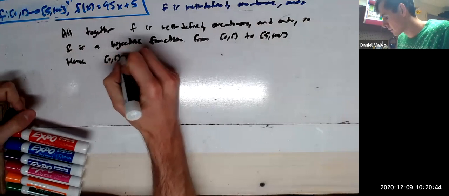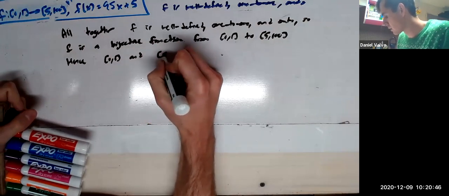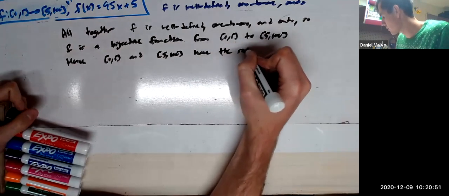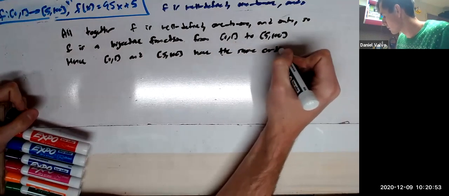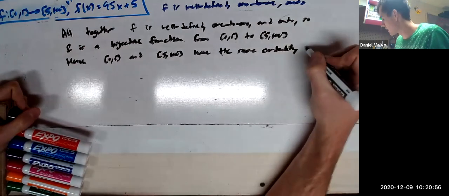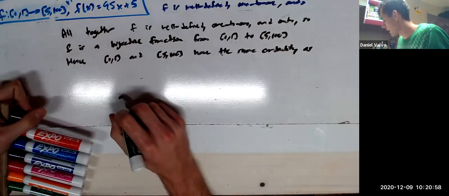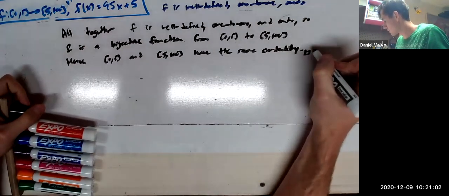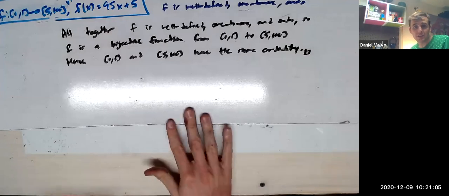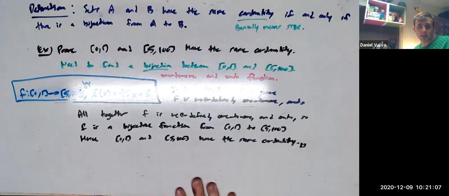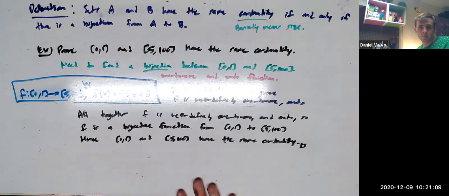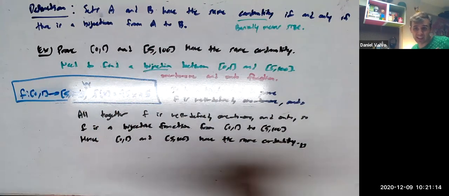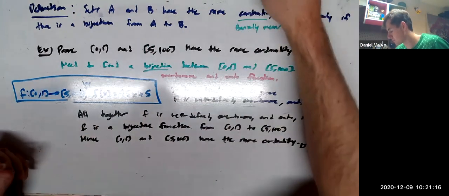Hence, [0, 1] and [5, 100] have the same cardinality, or are the same cardinality. Meaning in a certain sense, they have the same size. So in a certain sense, our sets here, [0, 1] and [5, 100], have the exact same cardinality, even the exact same size, because of the bijection.